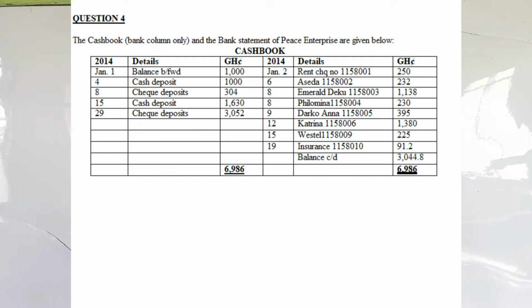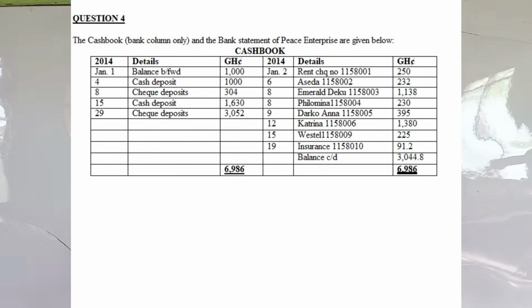Katrina, check number is there, amount is 1,380. Vestel, there is a check number, the amount is 225. Insurance with a check number, the amount is 91.2. And then we have a closing balance, a balance carried down in the cash book of 3,044 Ghana cedis, 80 pesewas.